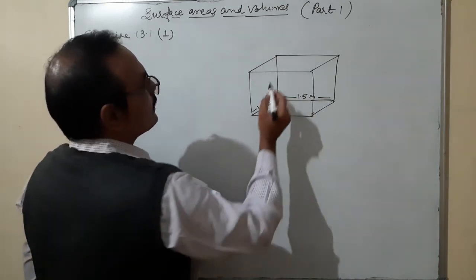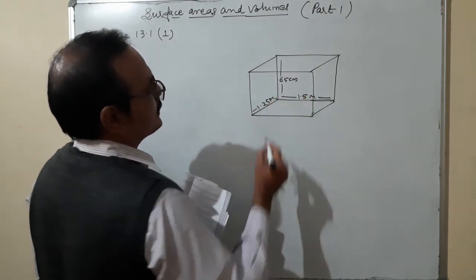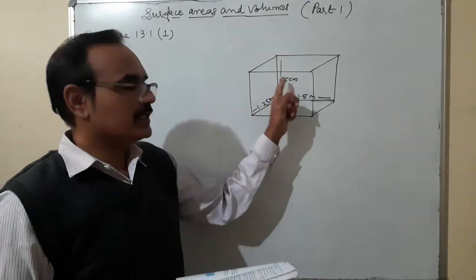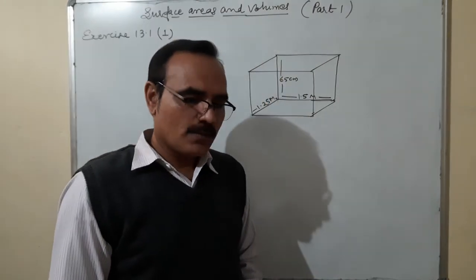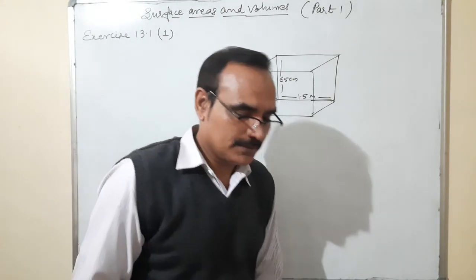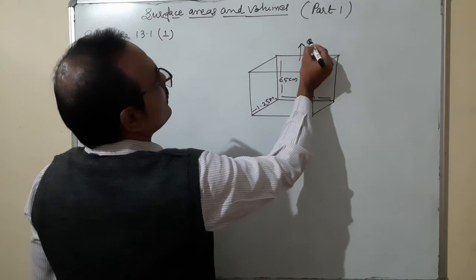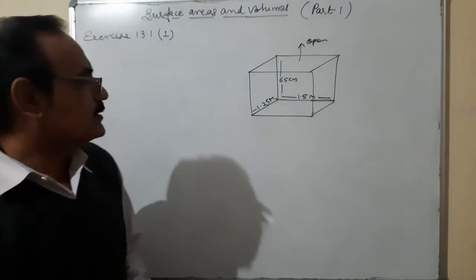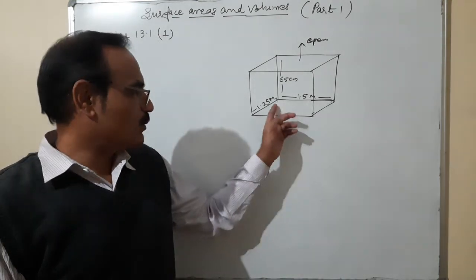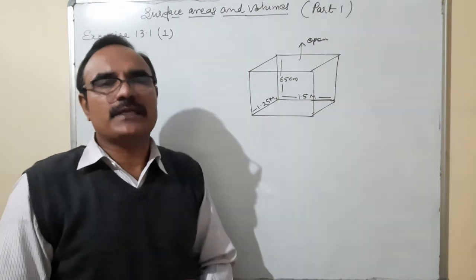Mind it, 2 are in meter and 1 is in centimeter. It is open at the top. Right. So, plastic box: length 1.5 meter, breadth 1.25 meter, height 65 centimeter.